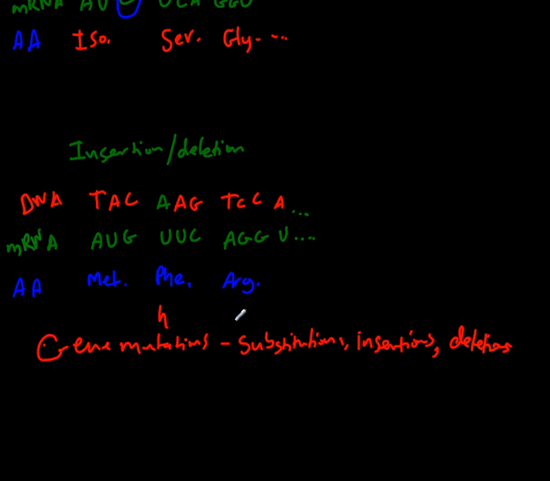Okay, and these mutations can happen in any of your cells, right? They can happen in your skin cells or in your bone cells or in your muscle cells, and they can also happen in your sex cells, and that's particularly bad because your sex cells, your sperm or your egg, these are the sex cells or the gametes.